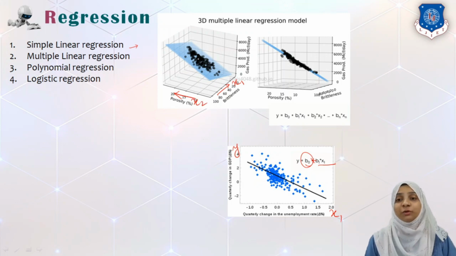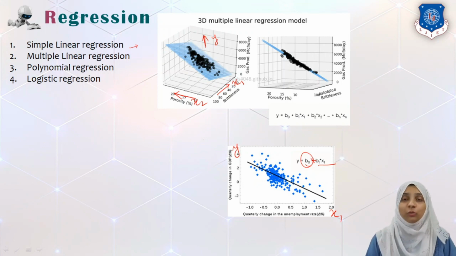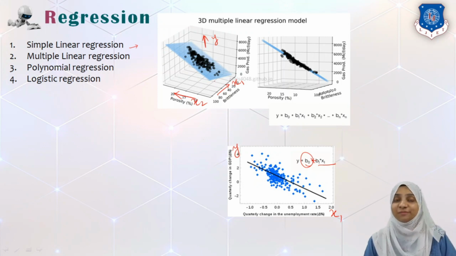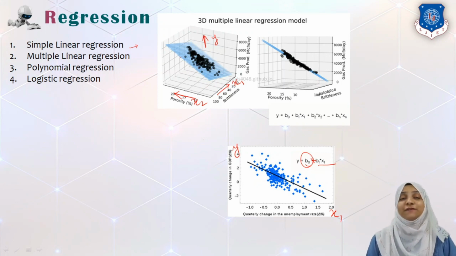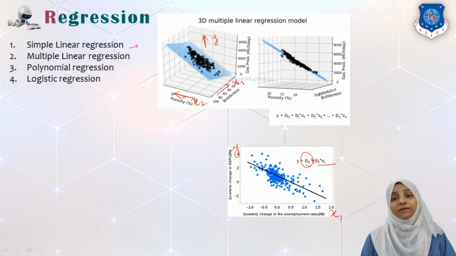So we have two input variables and accordingly we have one y output variable. Here, if we have data in three-dimensional fashion, instead of fitting a line, we are more interested in fitting a surface or a plane, which will depict the data points.